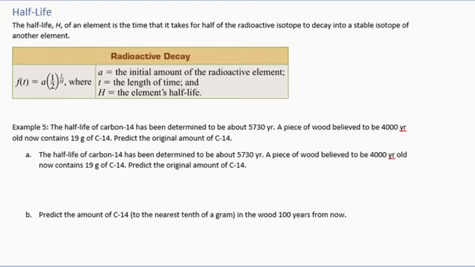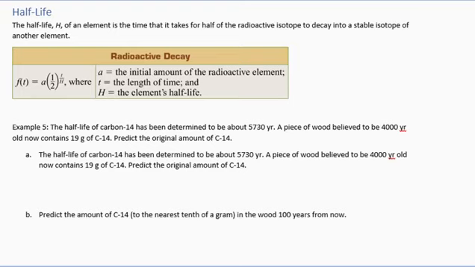So example 5 here: the half-life of carbon-14 has been determined to be about 5,730 years. A piece of wood believed to be 4,000 years old now contains 19 grams of C14, the carbon-14. Predict the original amount of carbon-14. All right, the half-life of carbon-14 has been determined, so we just have this exact same thing written here. Predict the original amount.